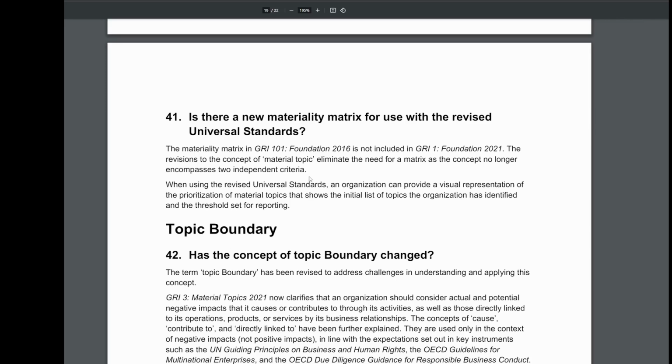So for the GRI, we now can see that in the light of the way they've adapted the methodology, which is actually a lot more similar to the ESRS, representing materiality with a matrix is no longer necessary, and it's no longer included in the standard. For the same reason, then, we should be able to say that under the ESRS, a matrix representation of materiality is not necessary. It is not critical.